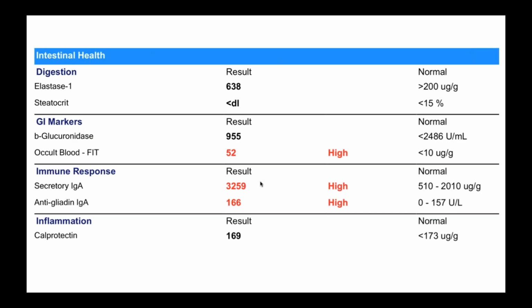But in this particular case, we can see that there is a little bit of occult blood at a level of 52, with the cutoff being around 10. So that's flagged as high. That's a concerning factor, suggesting that there is a source of blood in the GI tract. It's possible that it may be due to the activity of H. pylori.